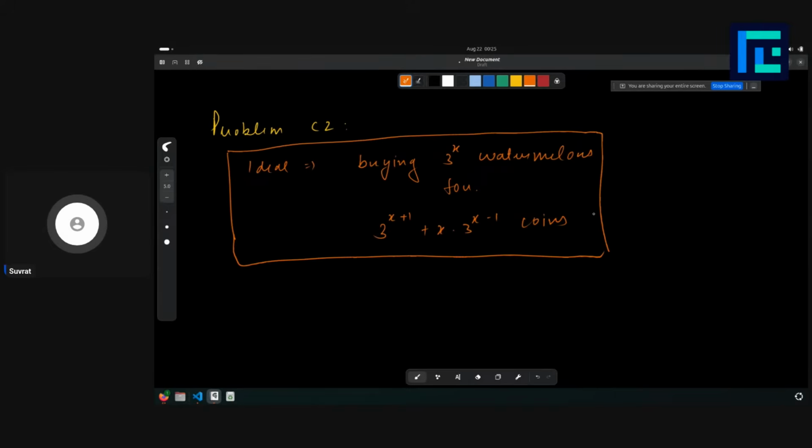Now what we need to do in this problem is make less than equal to k deals to buy n watermelons and find the minimum cost to do so.